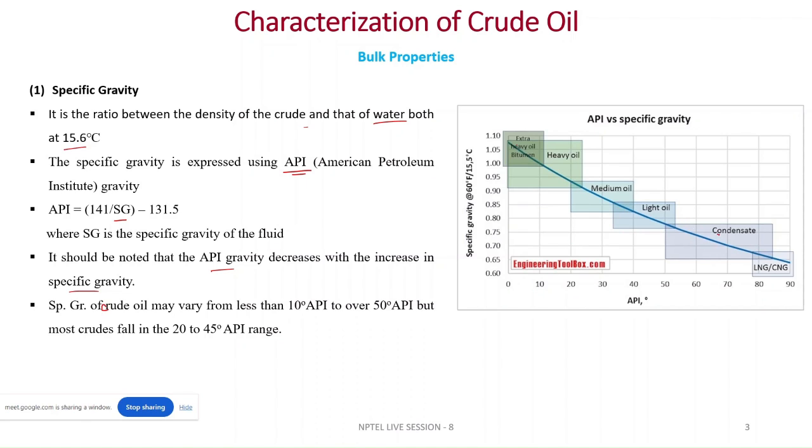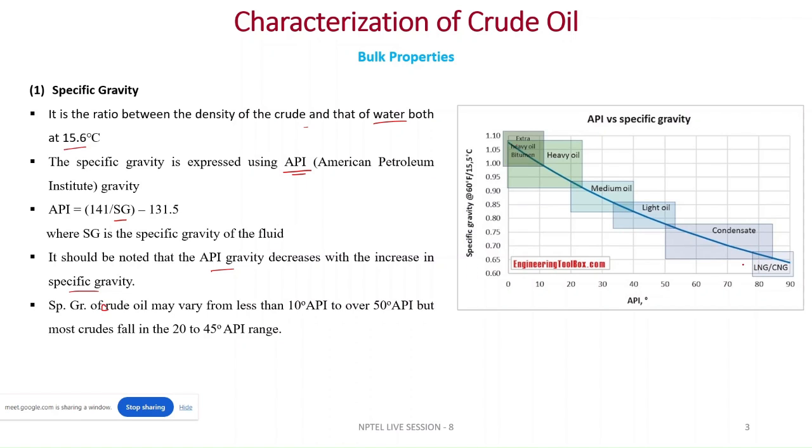Whereas as you move upwards in the distillation column, you will get CNG or LNG, the gaseous fraction, at the top of the distillation column. That has a higher API value, because there is very low specific gravity. These are very light.